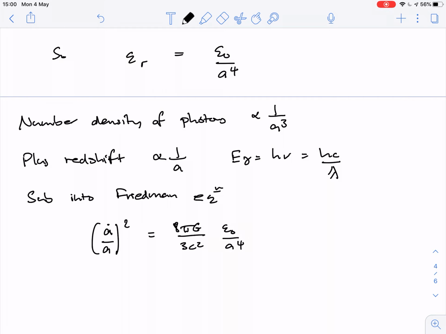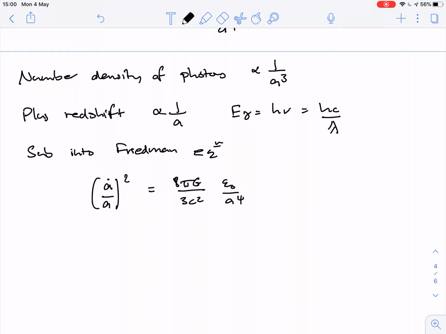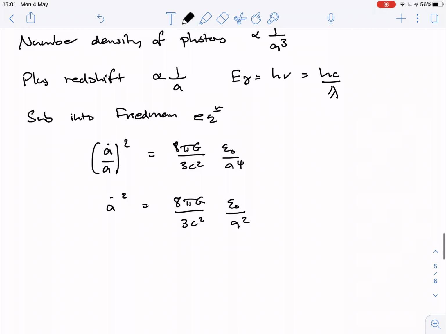I multiply across by a squared, and that tells me that ȧ squared equals 8πG over 3c squared ε naught over a squared. And if you want to, you can do the same trick again. You can guess your power law and therefore solve the equations. But again, I said I'd do it differently, so let's just do the direct integration.